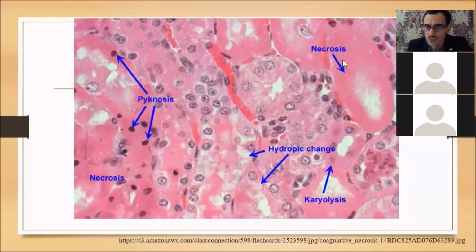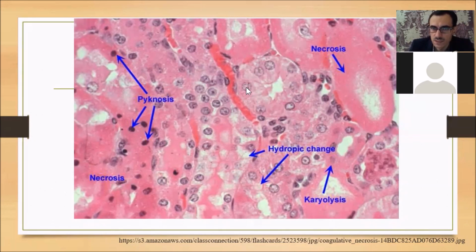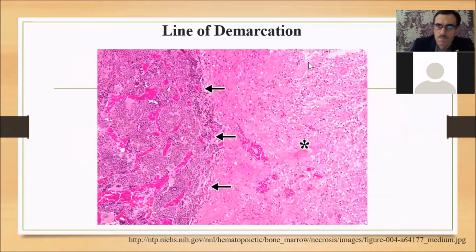What are the morphologic signs of necrosis? Acellular, structureless, pink debris without any cellular structures. And you can compare the normal structure of the cells with the necrotic structure.